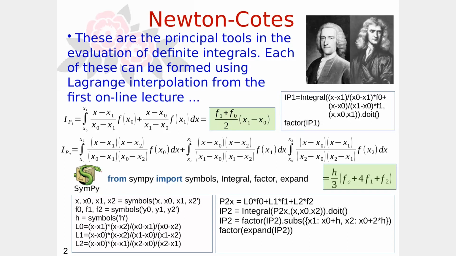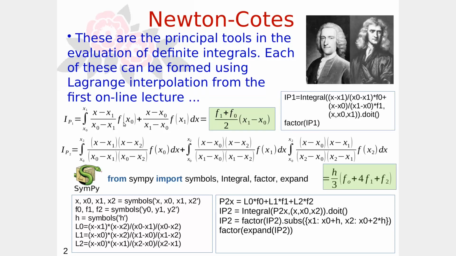So just to remind you of the Lagrange interpolation method, for a linear function, which also turns out to be linear interpolation, we have 2 points, x0 and x1.